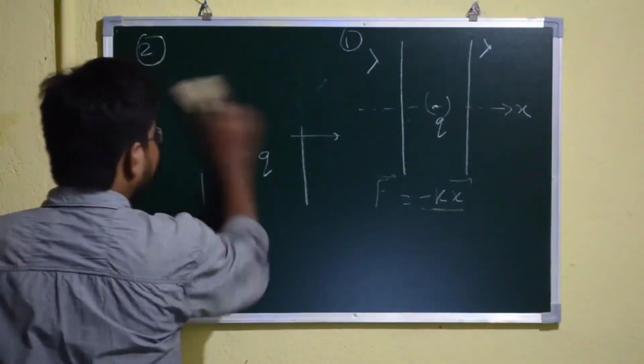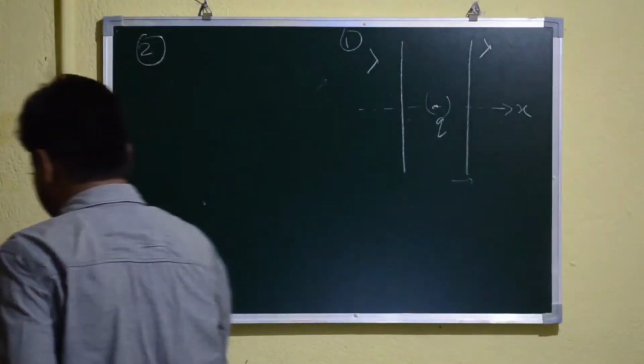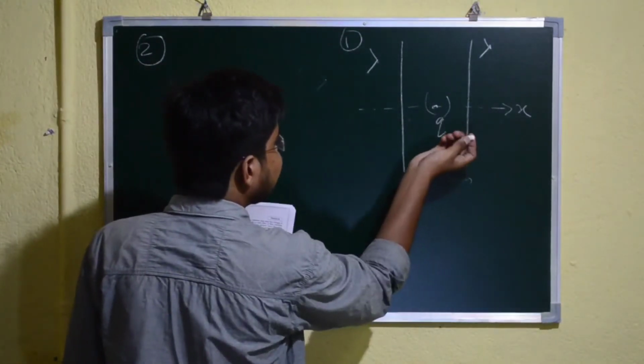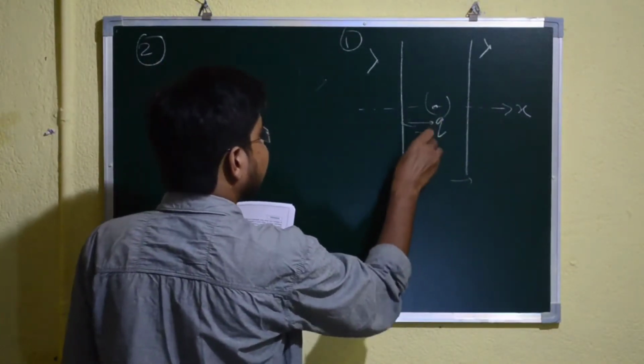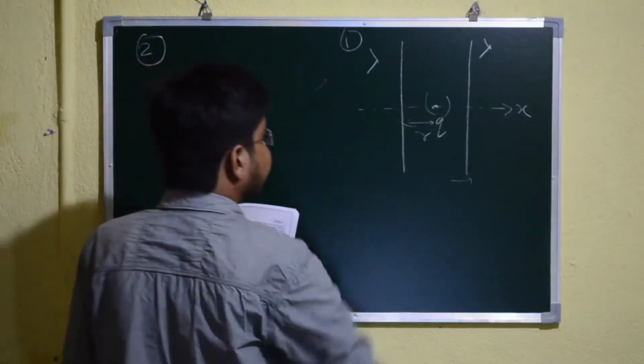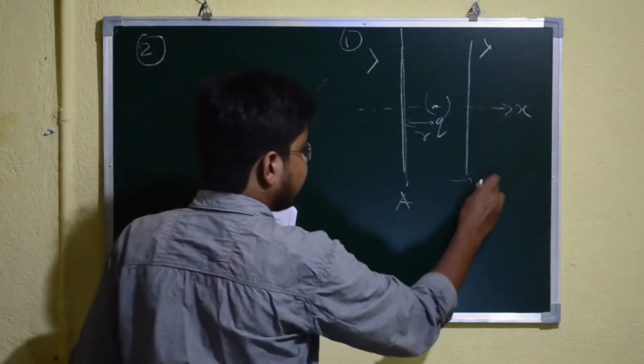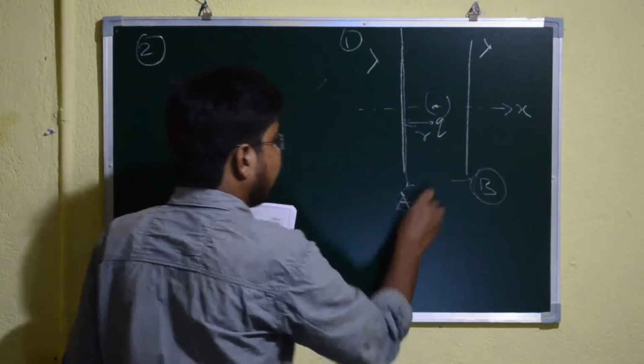For the plus q charge, suppose this charge is at a distance, say r, from wire a, and suppose the name of this one is b.